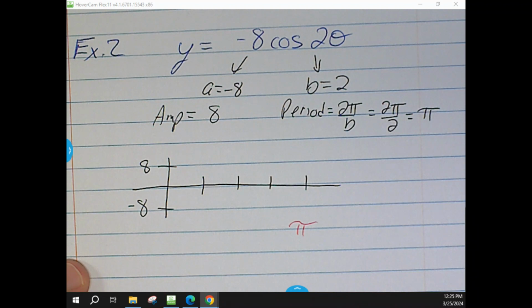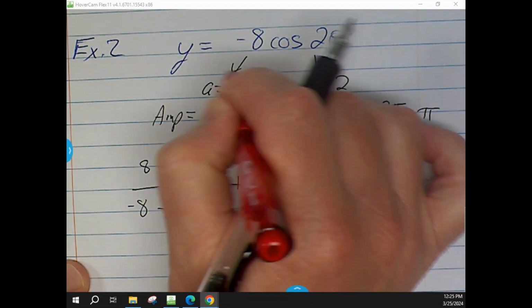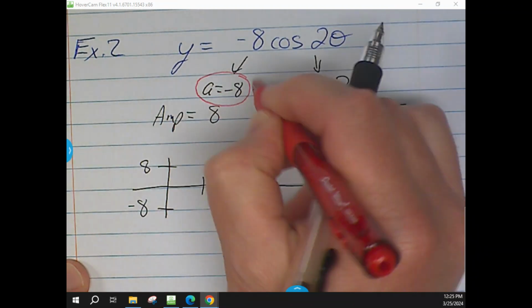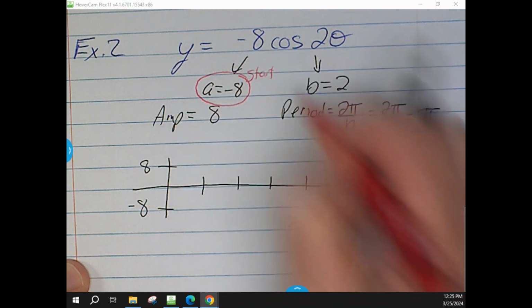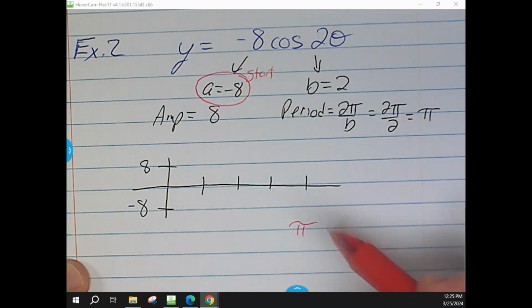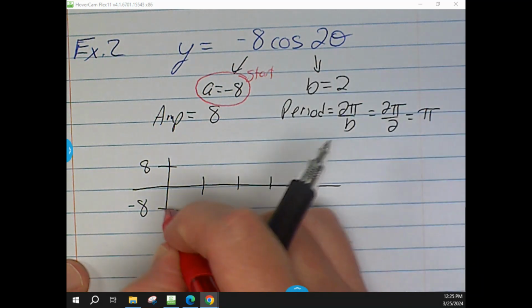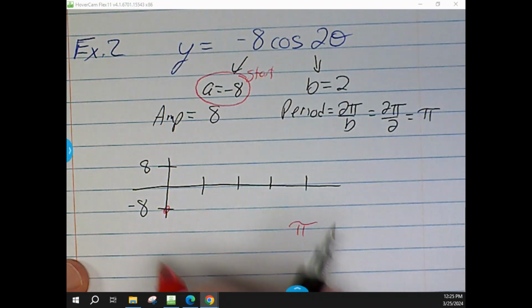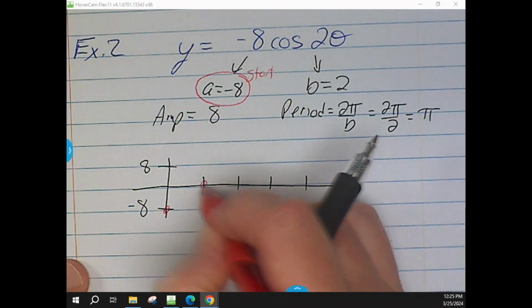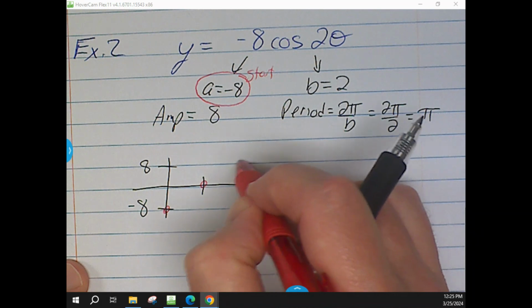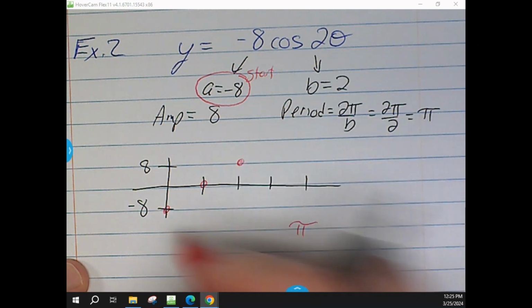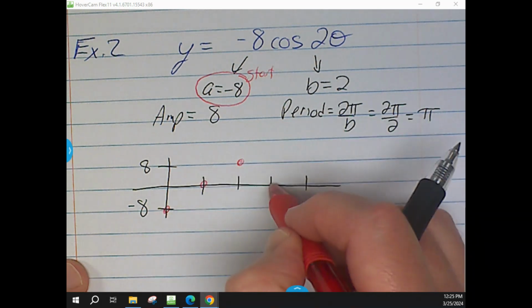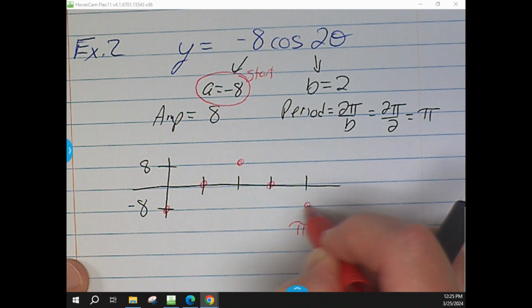And again, the big difference is if you do cosine, this tells you where to start. If it's sine, you know you always start at 0. So this one, we're going to start at the bottom. And if you start at the bottom, there's only one way to go: up. So before you can get to the top, you got to go through the middle to get to the top. And once you're at the top, then you work your way back down, back to the middle, and then back to the bottom.